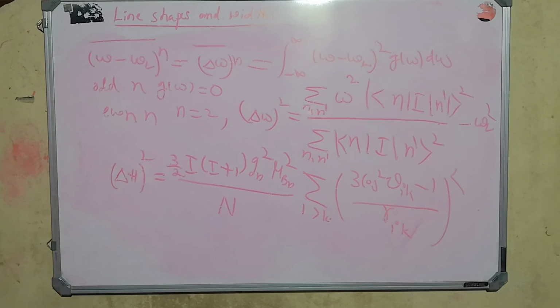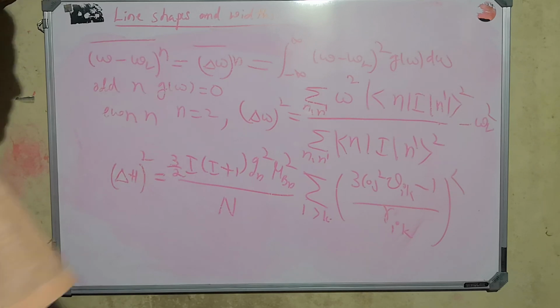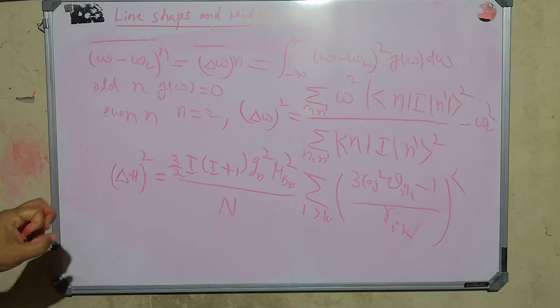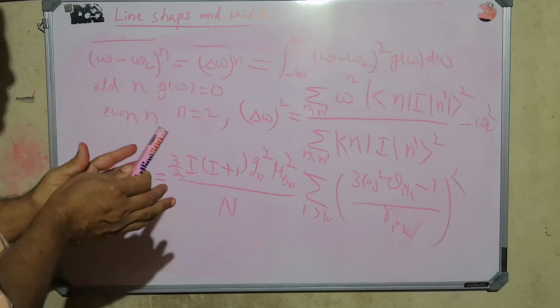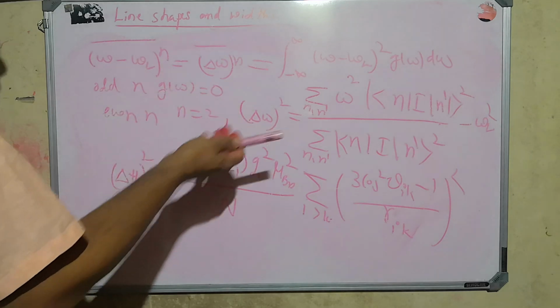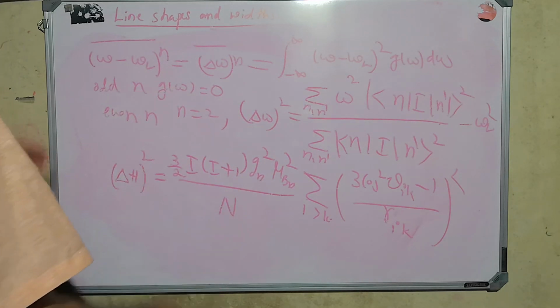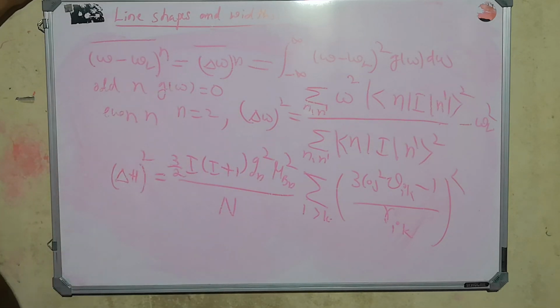Here n is the total number of nuclei that make an important contribution to the local field at a nucleus, which is at a distance r ik. So now you consider a particular nucleus. That nucleus experiences the local field from the n number of nuclei.